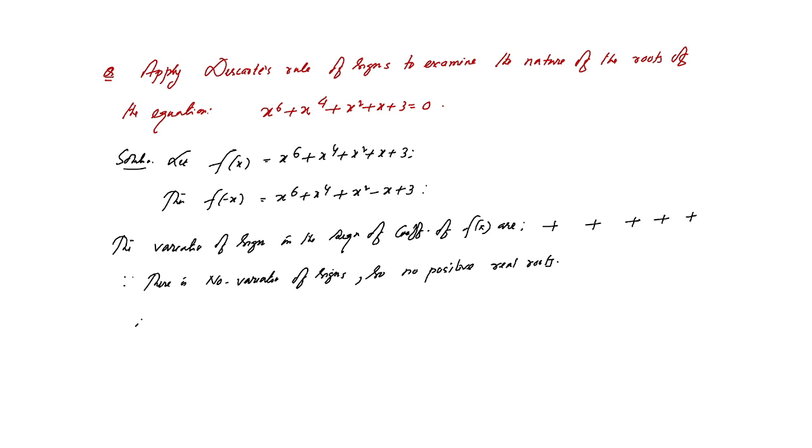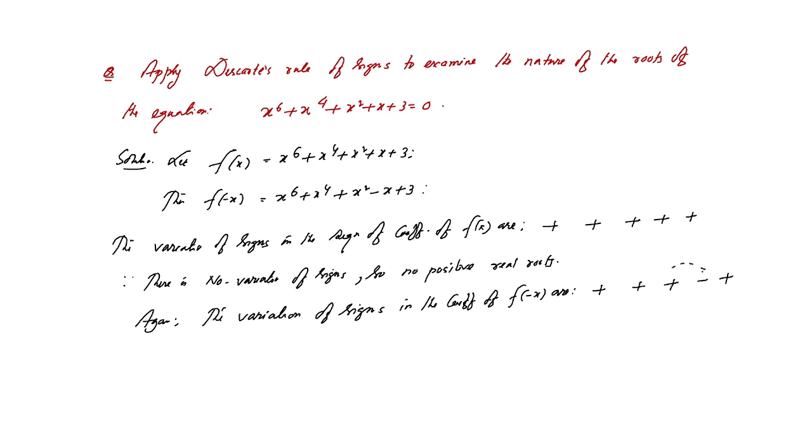Again, you will take the variation of sign in the coefficients of f of minus x. So this is plus, then again plus, then minus, then plus.